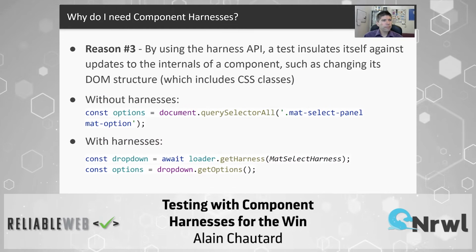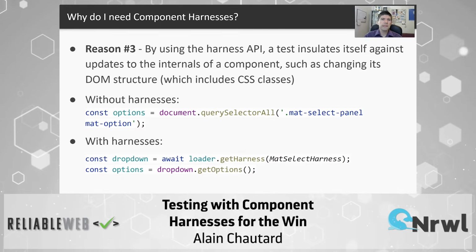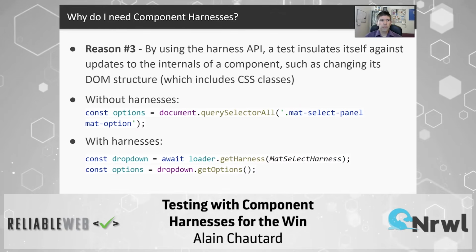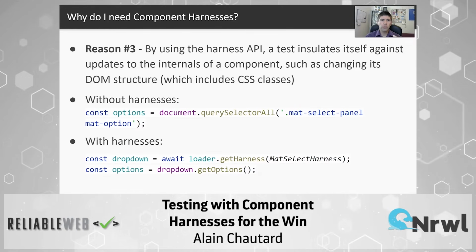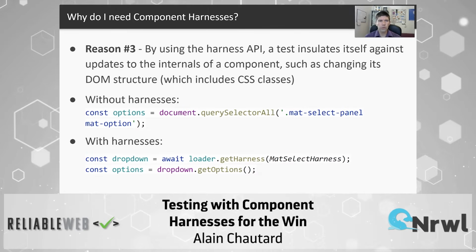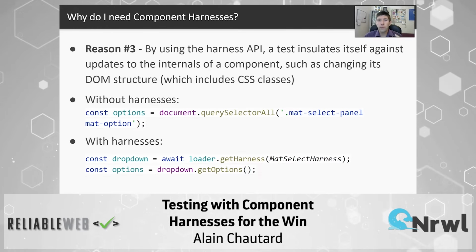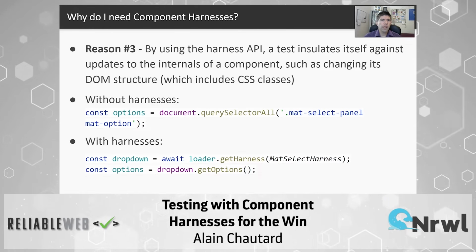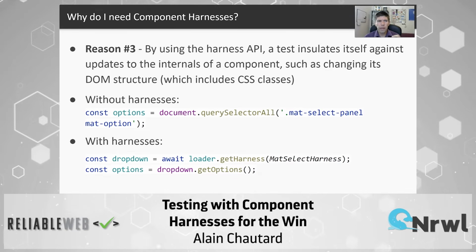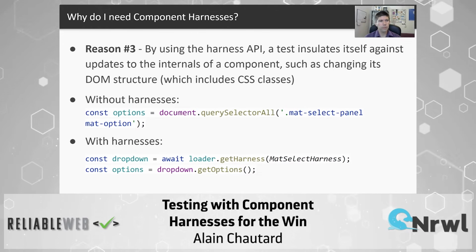Reason number 3, when we use a harness API, our test is insulated from updates to the internals of a component. So if the DOM structure changes, or the CSS classes change, or we change the name of specific elements, or any change that we make to the DOM, basically, our tests are immune from that, in the sense that all we would have to update is the harness API. We just update that in one place instead of all of the different use cases of that specific component.